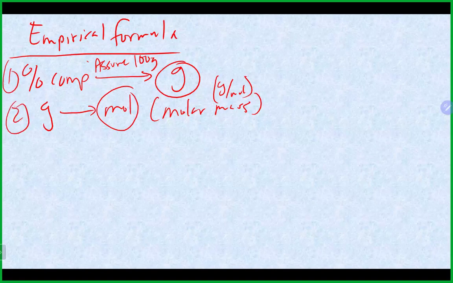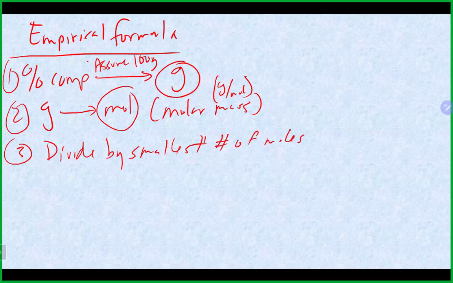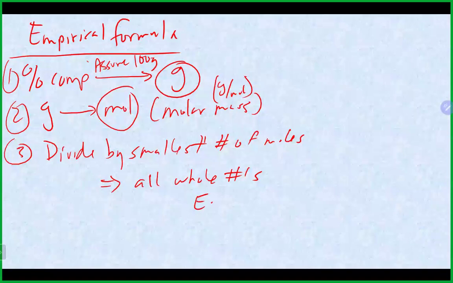We always then divide by the smallest number of moles. So you're going to take each element's moles, divide by the smallest. And if you hit all whole numbers at that point, that pretty much will be your empirical formula.